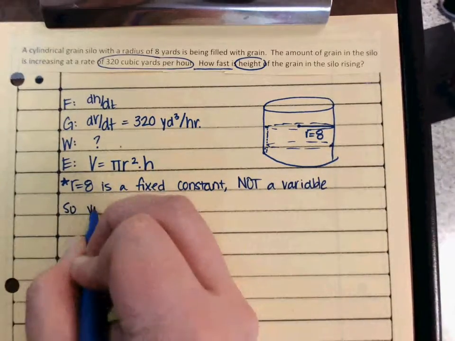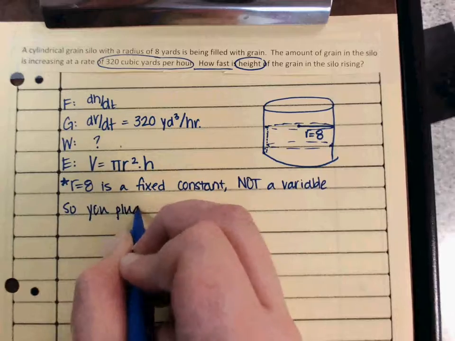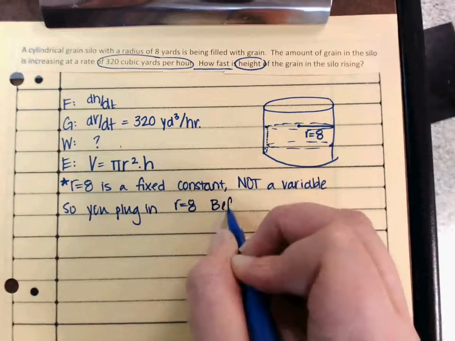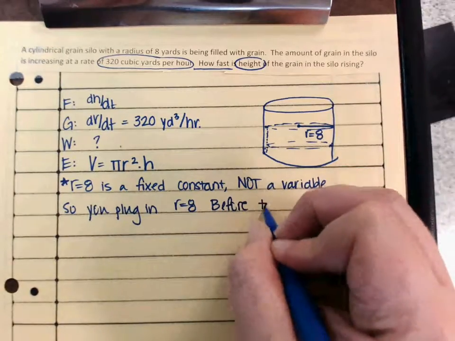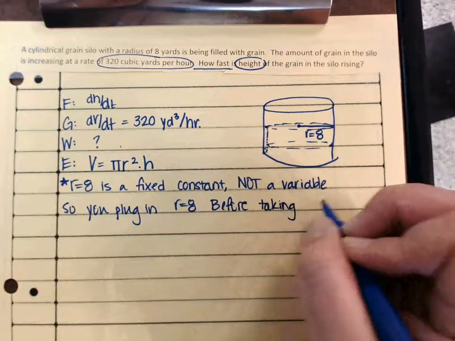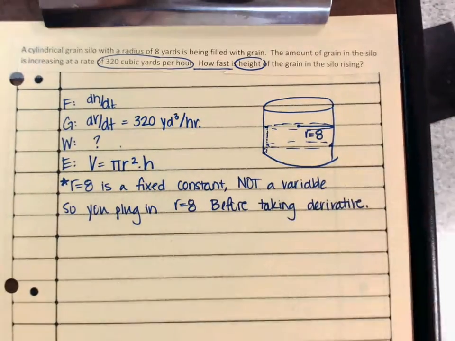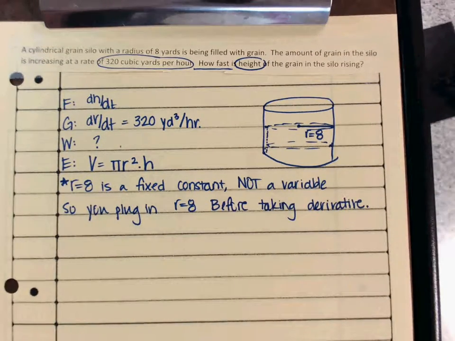So you plug in r equals 8 before taking the derivative. Okay, if it is a fixed constant, you can plug that number into the equation first. But if it's changing, you have to wait.